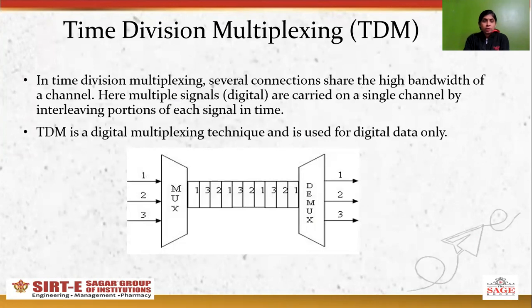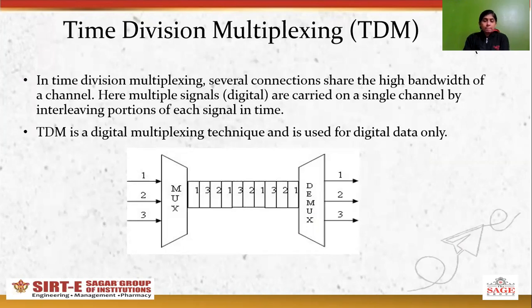In time division multiplexing, several connections share a high bandwidth channel. Here, multiple signals, exclusively digital signals, are carried on a single channel by interleaving portions of each signal in time.